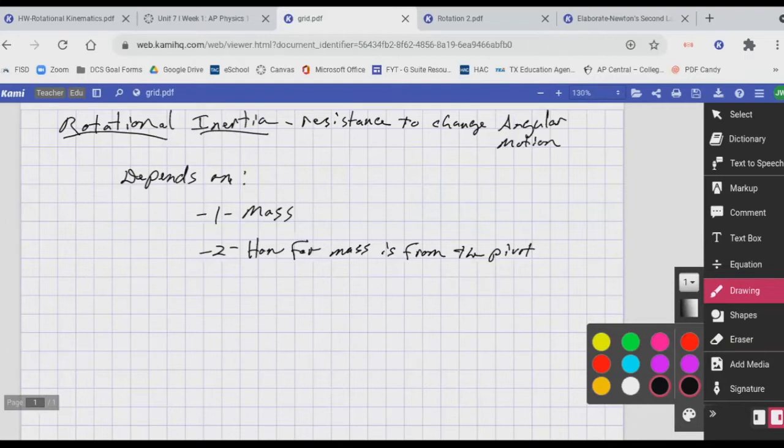So if we were to take that and turn it into a formula, we called it I. I is going to be our rotational inertia. It's equal to mass times the distance to the pivot squared.